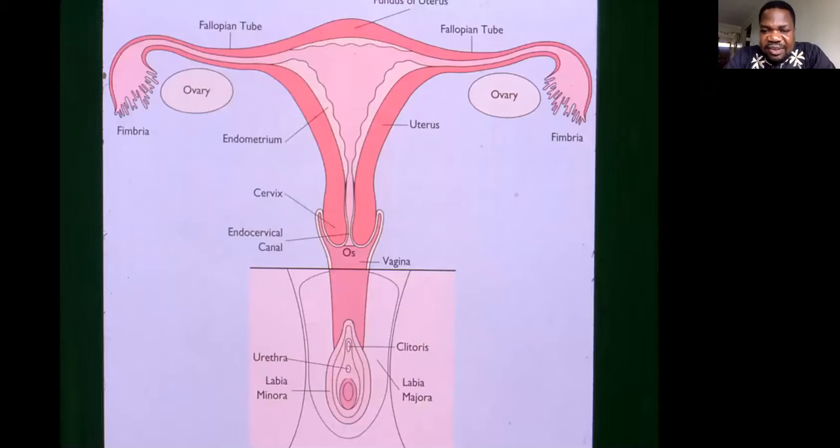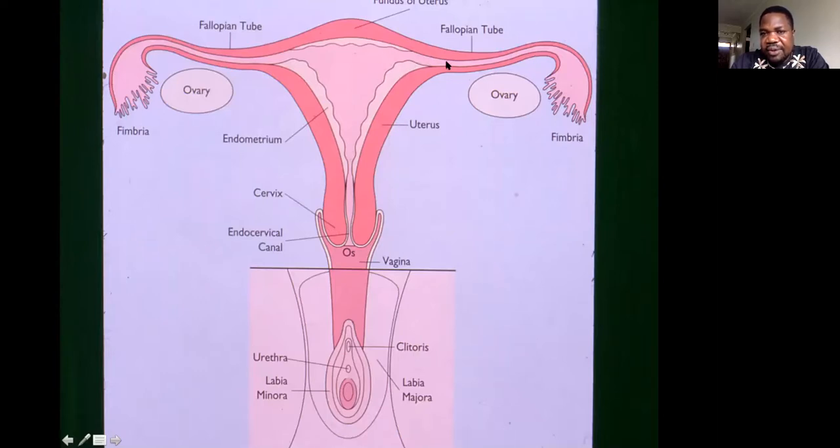So this is an ascending infection. Remember that it's a sexually transmitted infection. This is the vagina, and this is the cervical os. So the initial infection was that the patient came initially with a cervicitis. Then from there, the infection progressed toward the fallopian tubes.